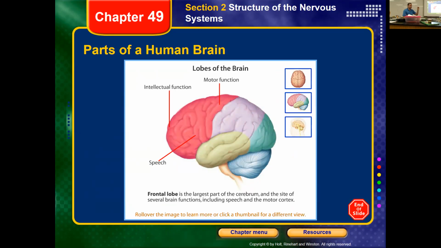So sometimes, like stroke victims, if they have a blood clot or a hemorrhagic stroke, depending on which type, and the cells are affected around the speech area, they may start talking to you and absolutely making no sense. The area of the brain that controls language is functioning perfectly normal, so they know what they're trying to tell you, but it comes out with random words. And so that would be one sign of a stroke.